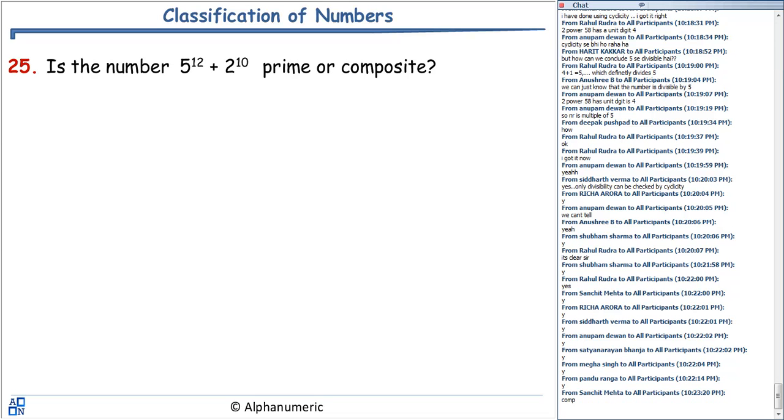Now I think you all know कैसे prove करते हैं. Same funda. If you are able to write down this as a product of two numbers, I can say this is 5 raised to power what? सबका आ रहा है composite ये?